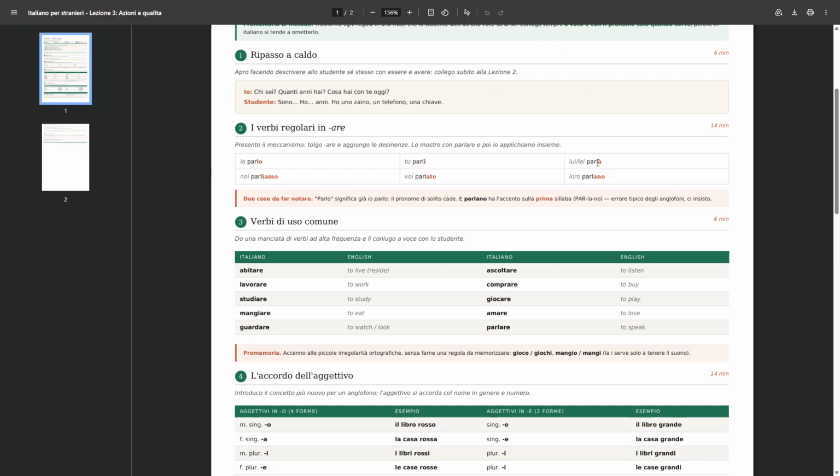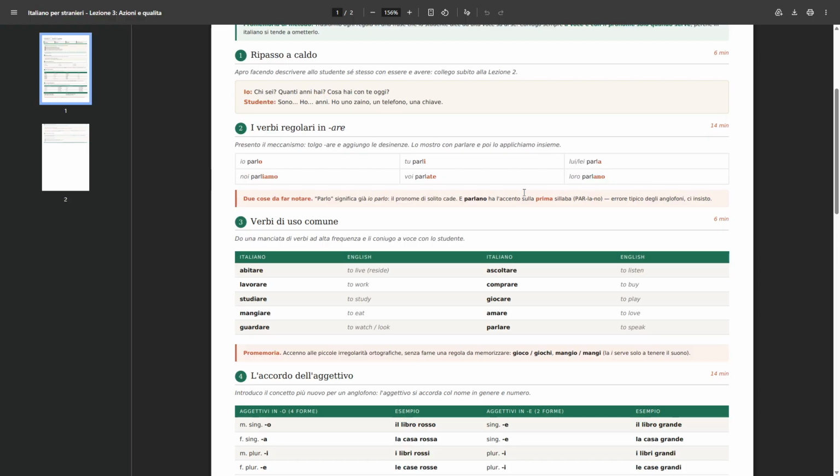Lui, lei parla, she talks, speaks. Here we add -a. Then we have noi parliamo, we speak, so the desinence is -iamo. Then voi parlate, so the desinence is -ate. You, plural, speak.